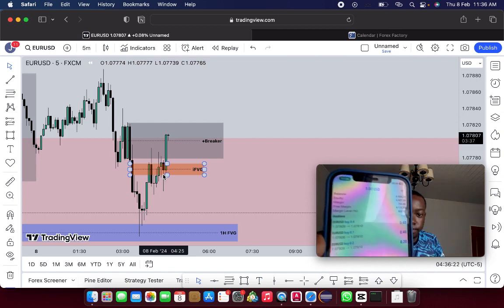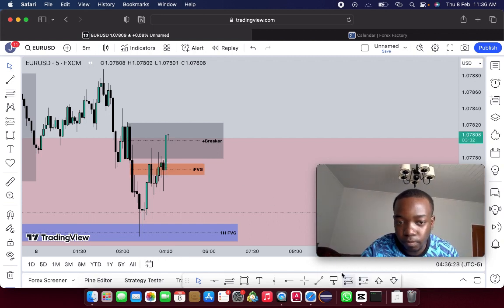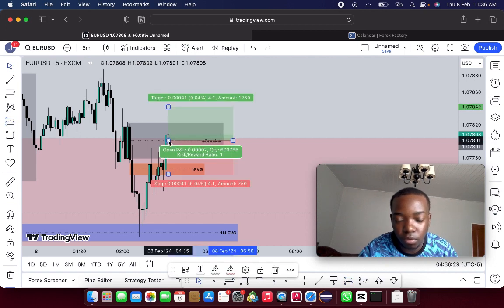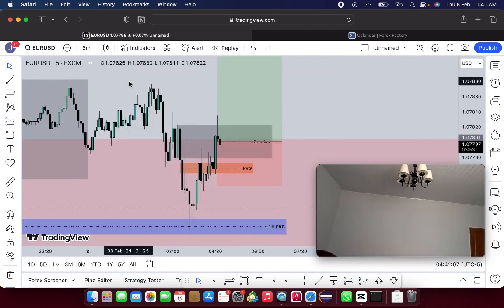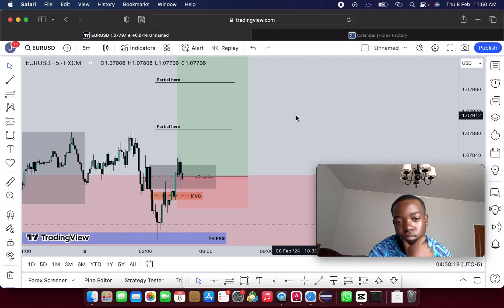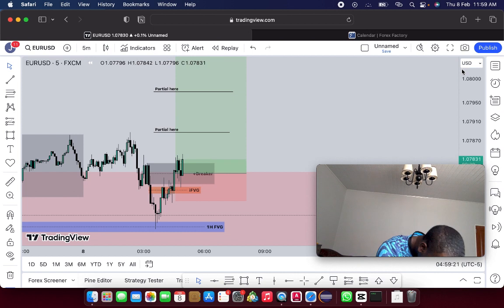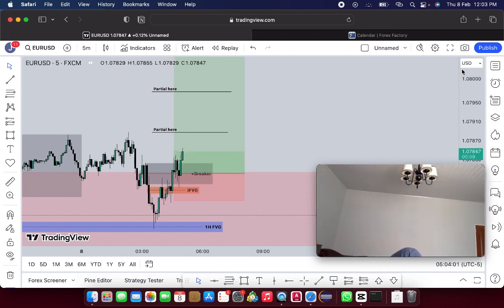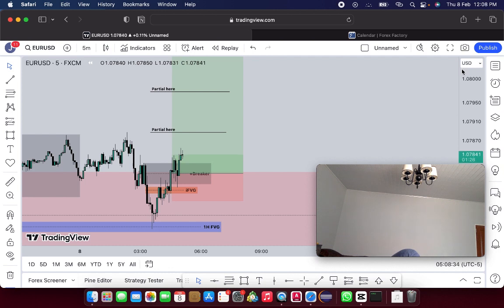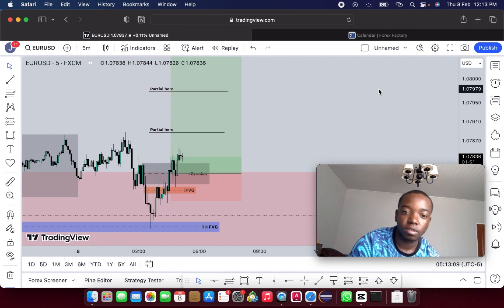Actually fighting drawdown, so I'm just going to put this in right there because we're in. It looks like this trade is going to take forever, so I'm going to stop the screen recording and we're going to do a review after a couple of hours.